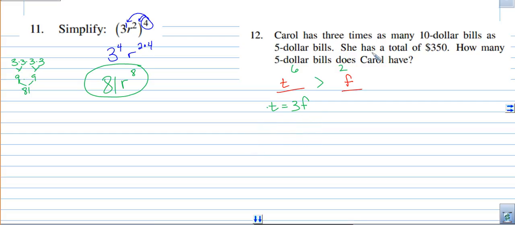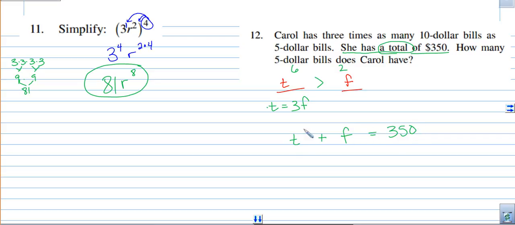Then it says she has a total of $350. So she has a total. That means when you add up your fives and you add up your tens, you get $350. Well, you have your tens plus your fives, and that equals $350.